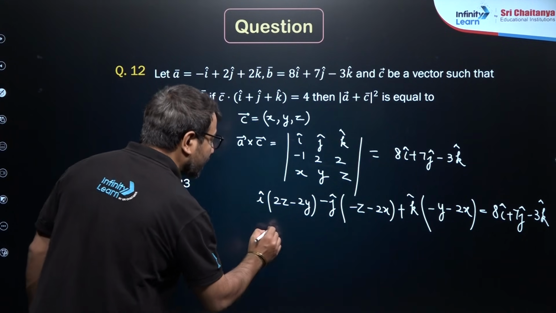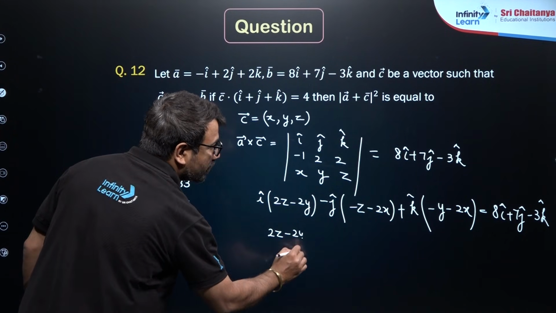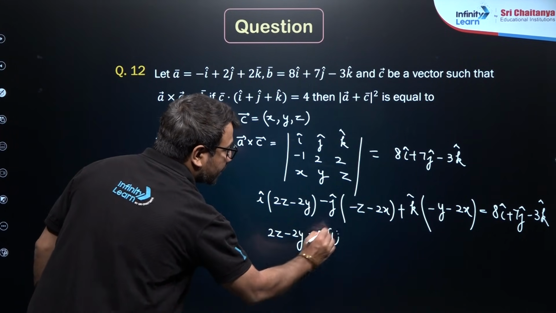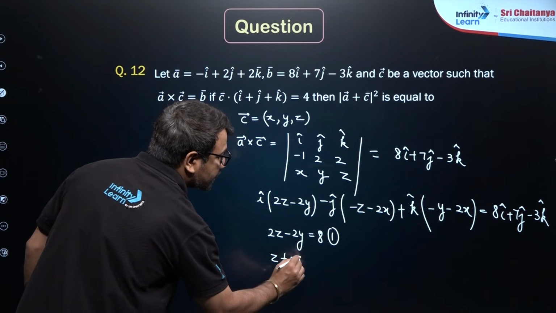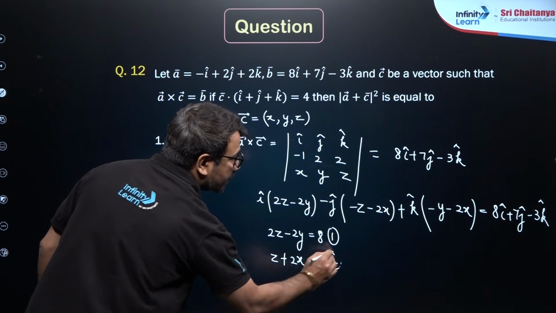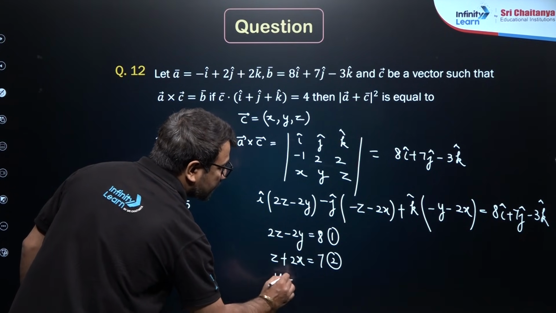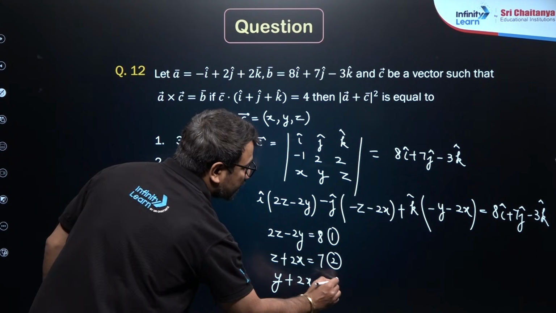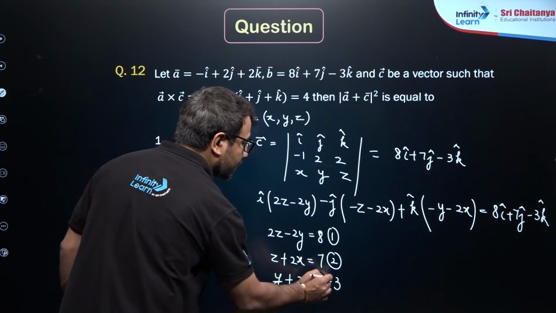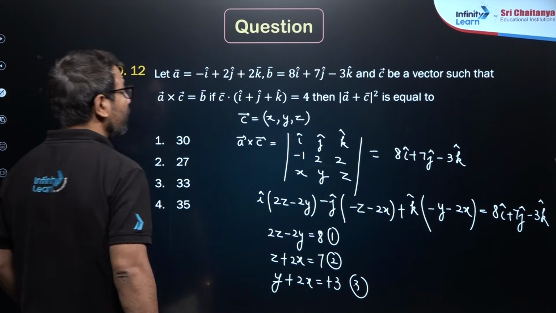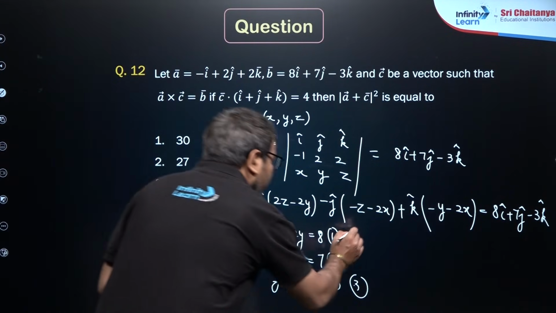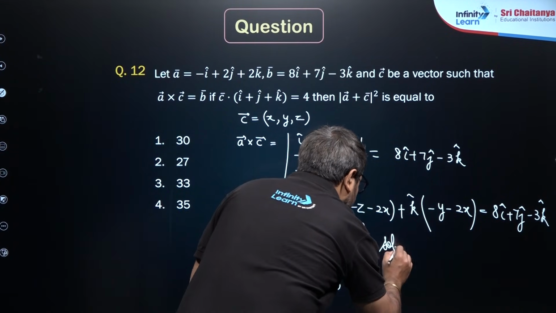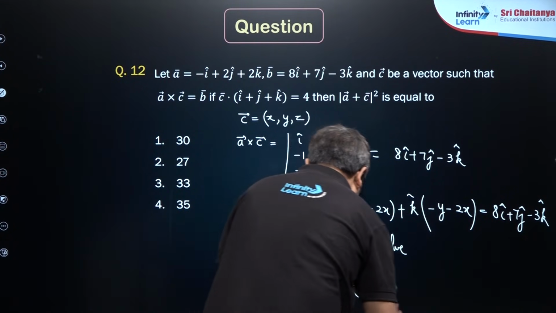So you just have to equate 2z minus 2y is equal to 8, then z plus 2x is equal to 7, and then y plus 2x is equal to minus 3. So you have to solve the 3 equations to write the value of x, y, z.